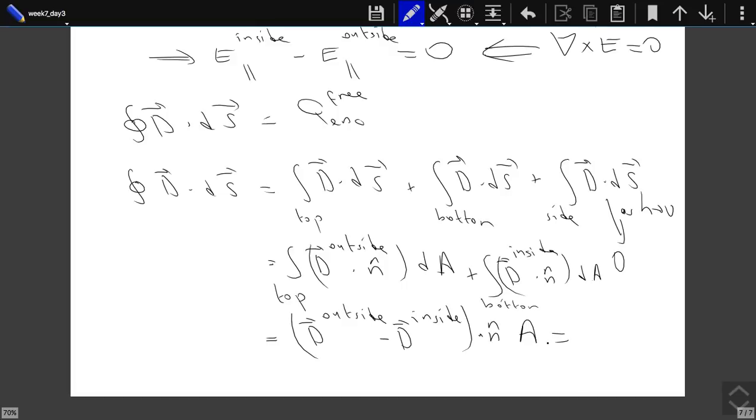This should be equal to the total free enclosed charge. Well, if there are free charges on the surface, this is the total free enclosed charge in my cylinder. Now I can cancel the A's.